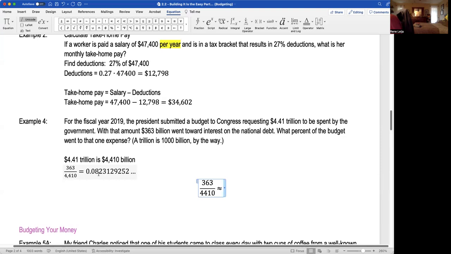So that puts this at 8.23. Okay. So if I want the tenth of a percent, then the 2 is in the tenths place. So I have to look one past, and that 3 is not big enough to bump the 2 up. So this is going to be approximately 8.2%.